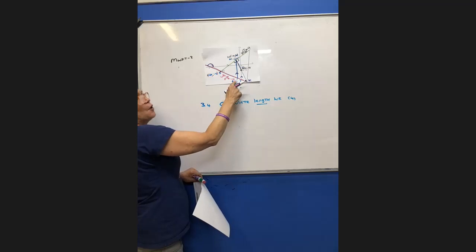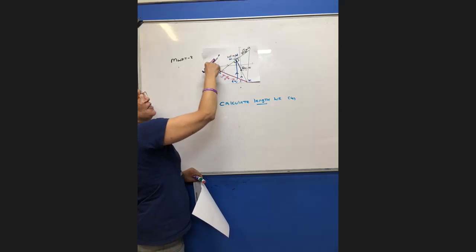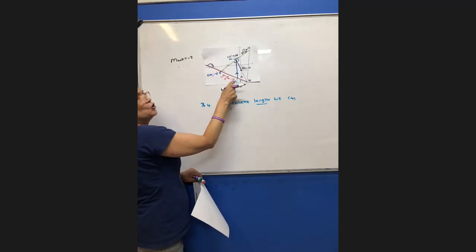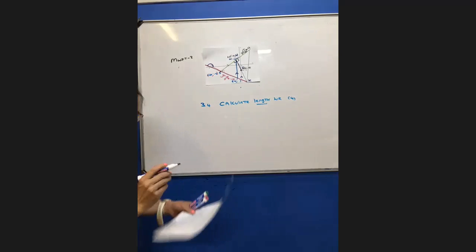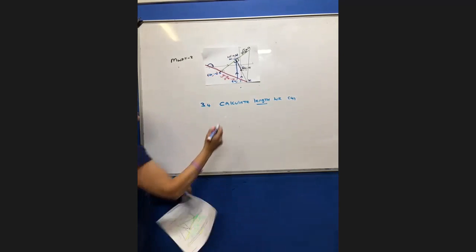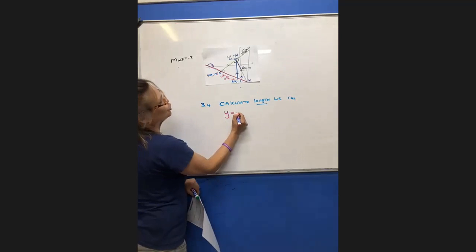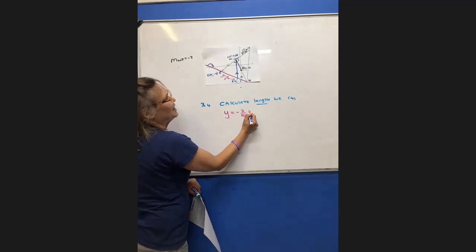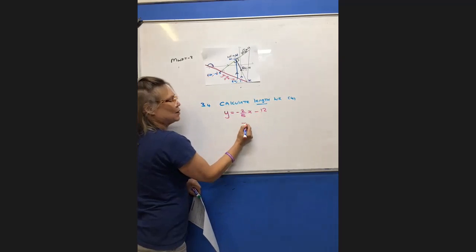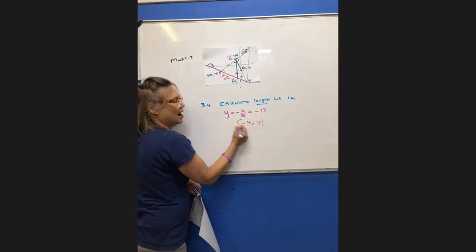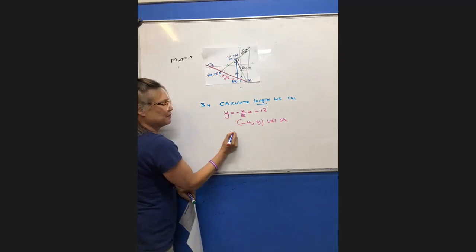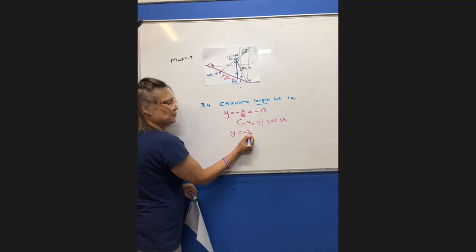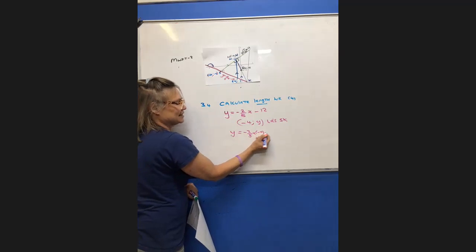Now, if you have one part of a coordinate that lies on a straight line, you can sub it in and get the y. So if you take that line that I've done in pink, and you say this is the line y equals negative 2 over 5 x minus 12, we know minus 4, we just don't know what y is, lies on this line. Then we put y there, but now we'll put the x value into x.